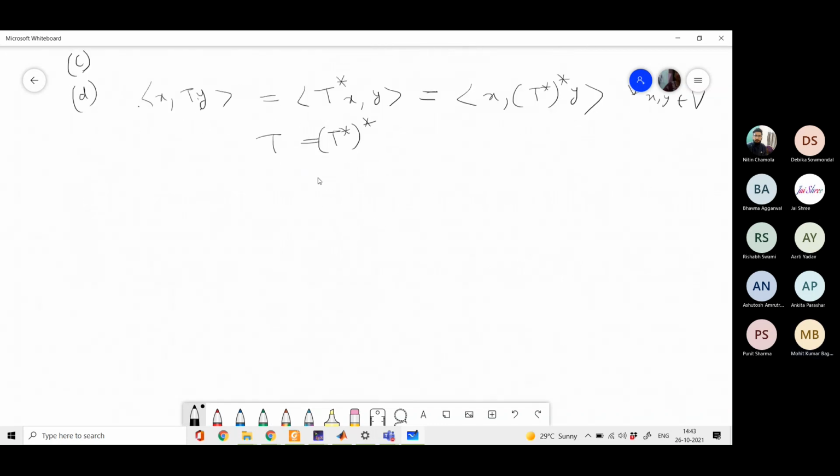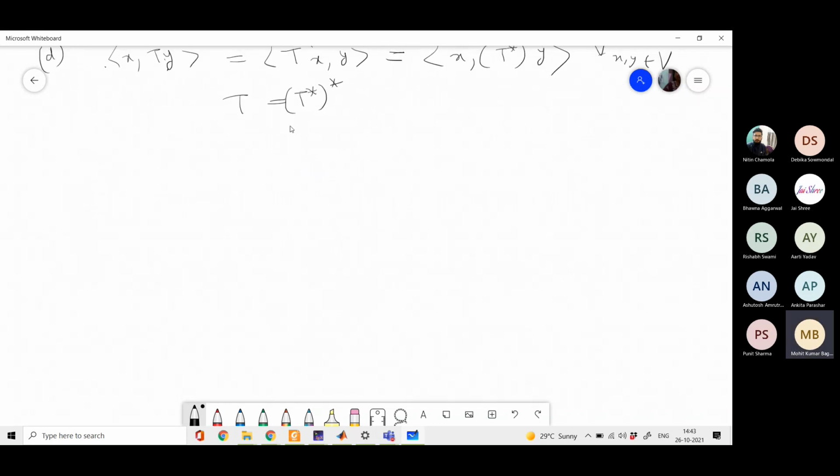So moving to the next problem, that is question 3. Have you tried this one? Here T is a linear operator on a vector space V, which is finite dimensional. Now you have to show the null space of T* and the range of T are orthogonal complements.